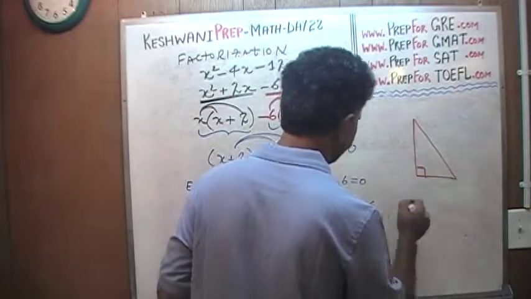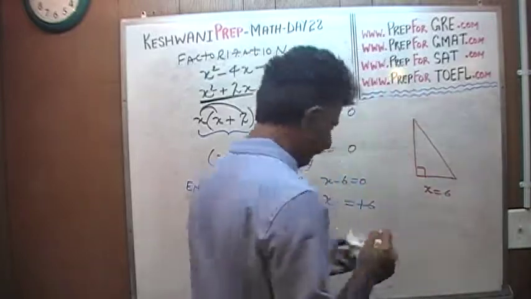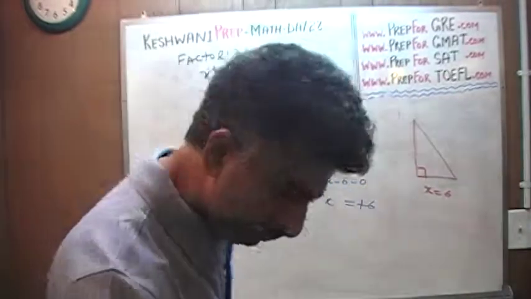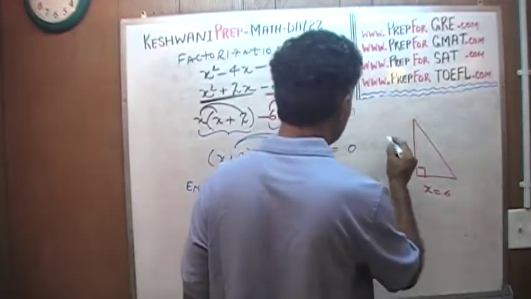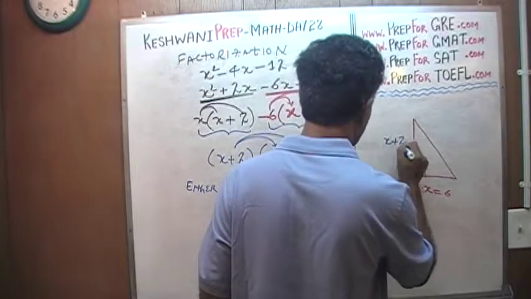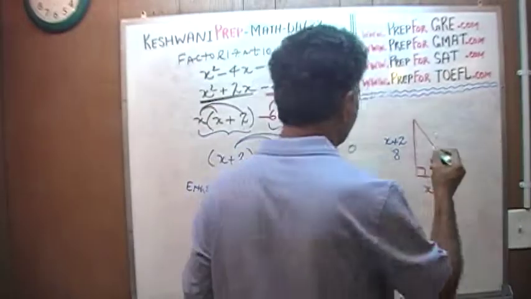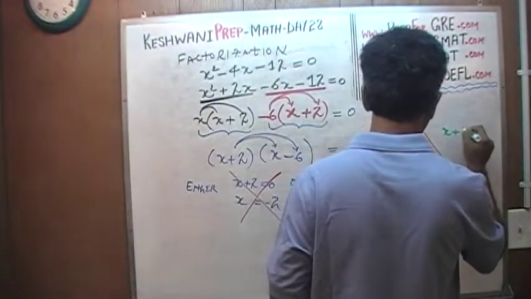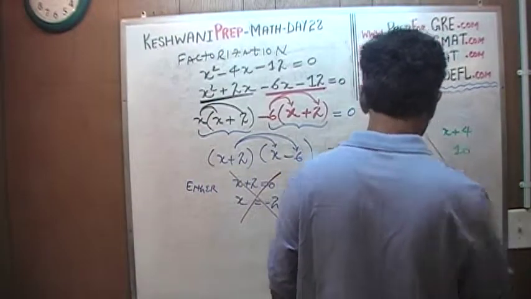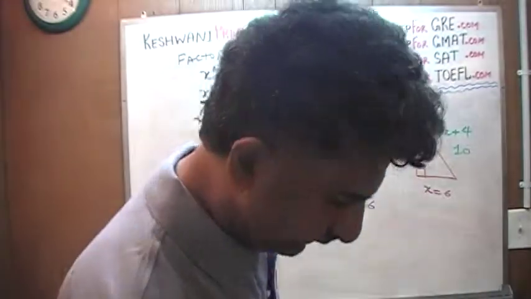If our x is 6, then the next bigger side, which was x plus 2, would have to be 8. And therefore the hypotenuse would have to be x plus 4, which is 10. There is your triangle. 6, 8, 10.